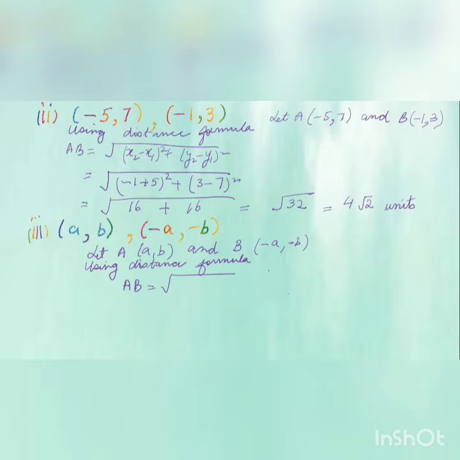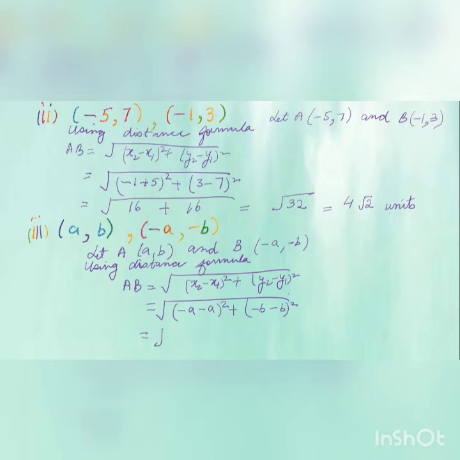That is under root x2 minus x1 square plus y2 minus y1 square. So here x2 is minus a, x1 is a, so minus a minus a square, plus y2 is minus b, minus y1 is b square.